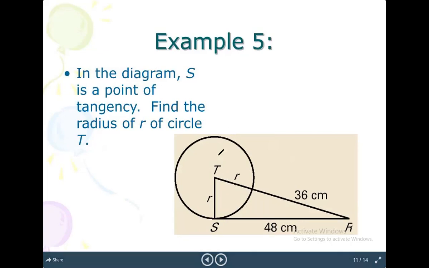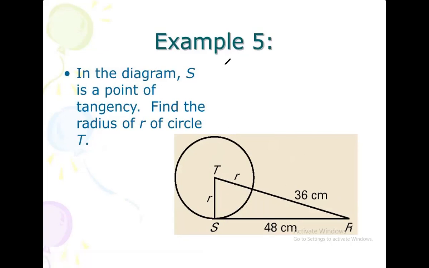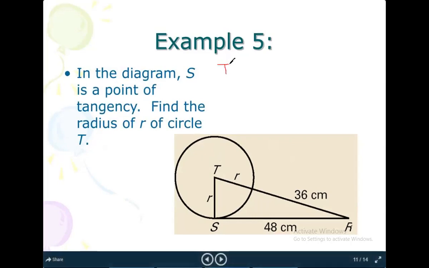Now, write TR to the power of 2 equal what? Is it 48 to the power of 2 minus 36 to the power of 2? Yes, so it will be TS to the power of 2 plus SR to the power of 2.